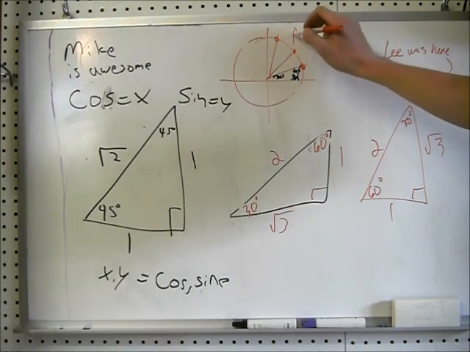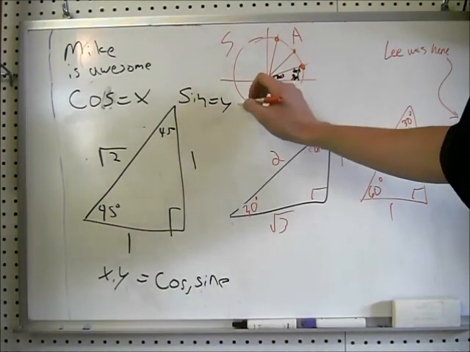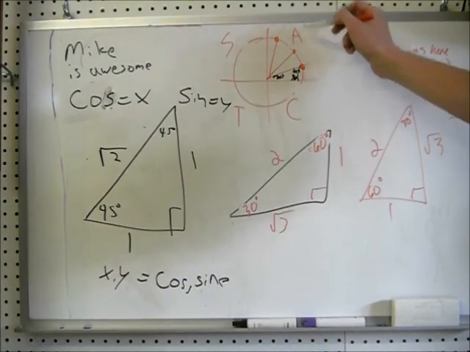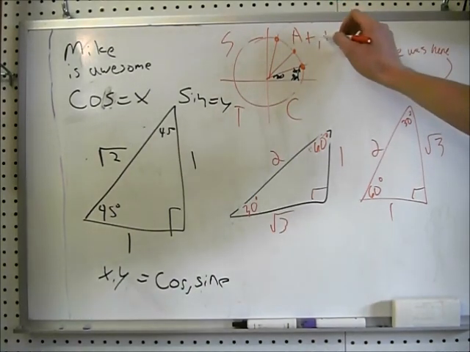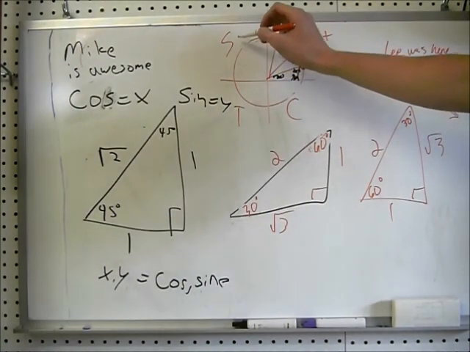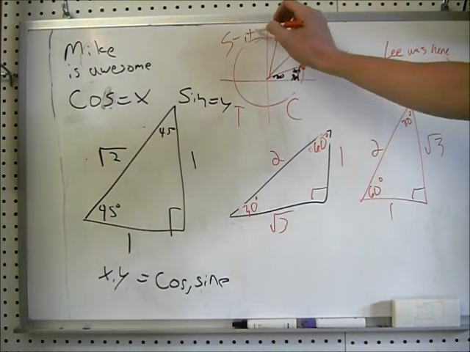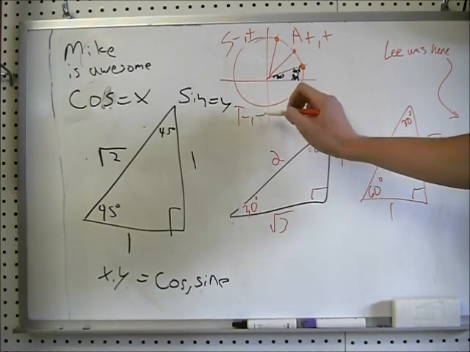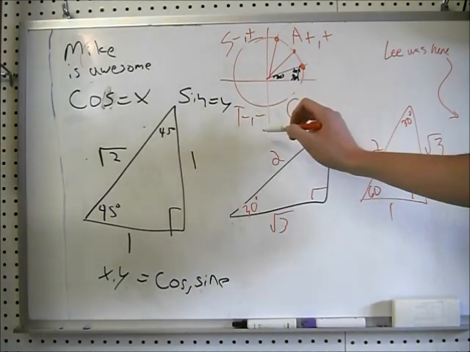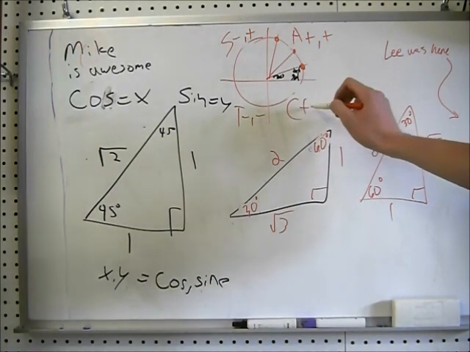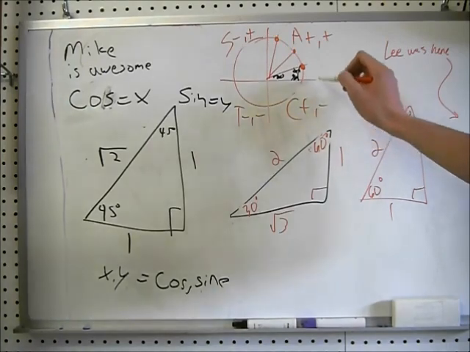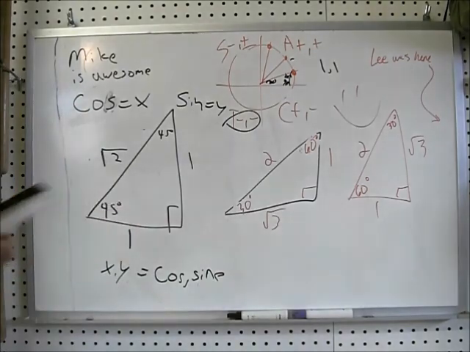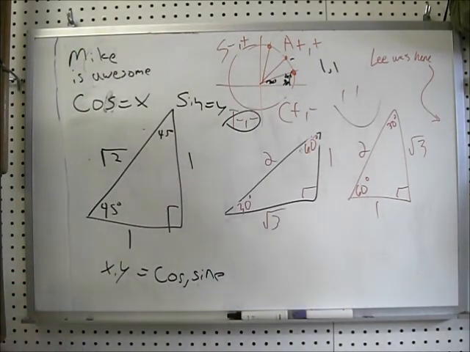That's all students take calculus: all are positive, only sine is positive, none are positive unless you're working with tangent, which we're not going to go over right now, and then only cosine is positive. So those are the basics of the unit circle, which you'll use a lot in pre-calculus.